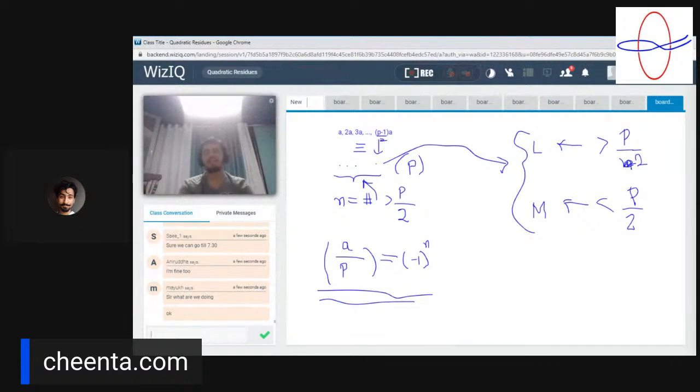And the lemma states that if you first reduce these to their smallest positive values mod p, and then count the number of these numbers which are greater than p by 2 and name that n, then the Legendre symbol a by p is equal to minus 1 raised to n. So if there are an odd number of such numbers, then a by p is negative 1, and if there are an even number, then a by p is positive 1.